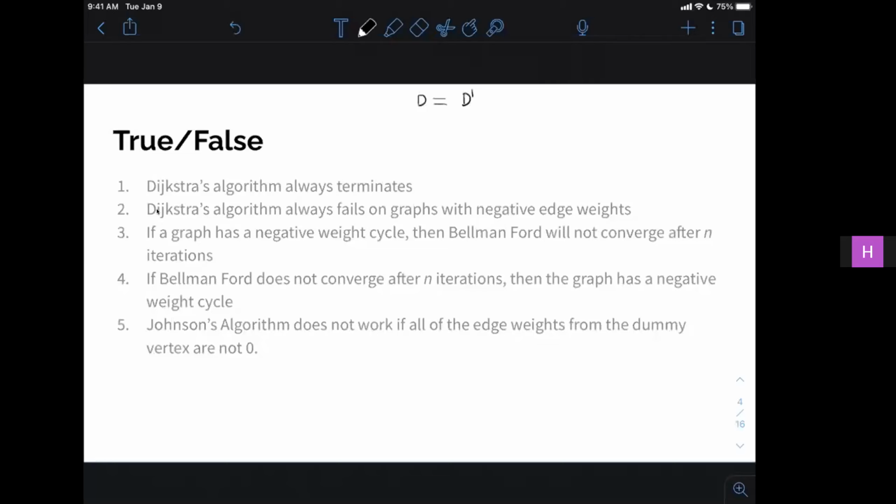But I think the idea is that it doesn't matter if the edge weights are not 0, because you're going to subtract it in the end anyway when you do your potential after you do Bellman-Ford. So it's not actually going to affect the shortest path that you get.